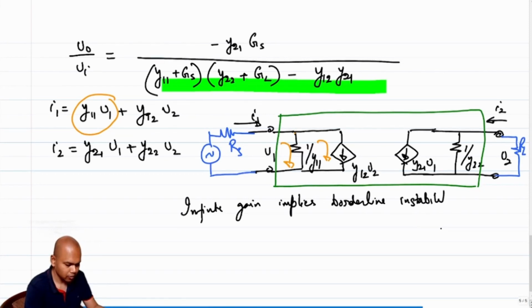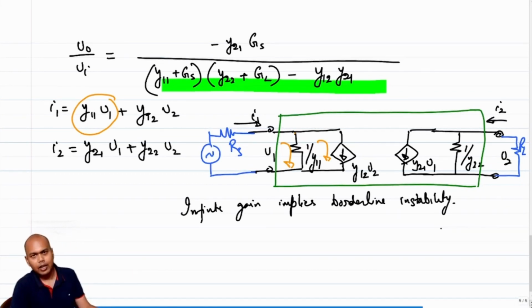Often you will hear that infinite gain leads to oscillation, which is at times true, but essentially what one would like to convey is that when you have infinite gain, you can get a finite output even without being given an input, and that is not a characteristic of an amplifier.